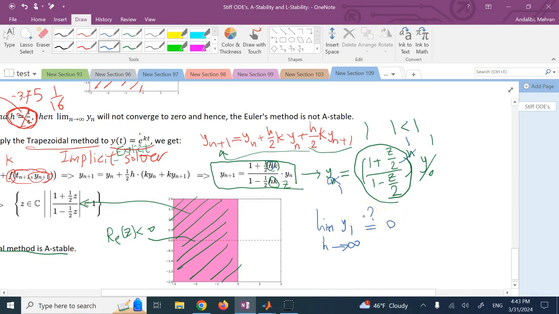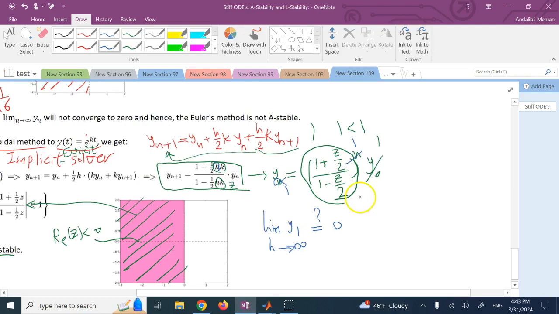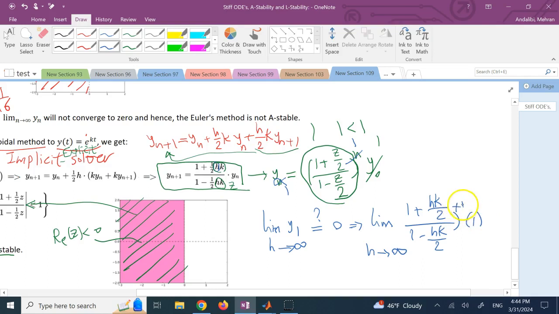If it is, then it's L-stable as well. Now, what is y_1 in this case? So this is going to be the limit of y_1. If we write it, it is going to be (1 + hk/2) over (1 - hk/2) as h goes to infinity, to the power 1, times 1. Right? Let me do that portion.